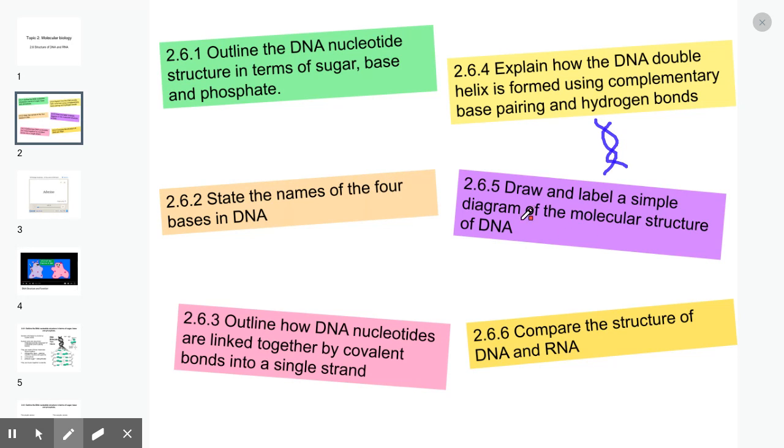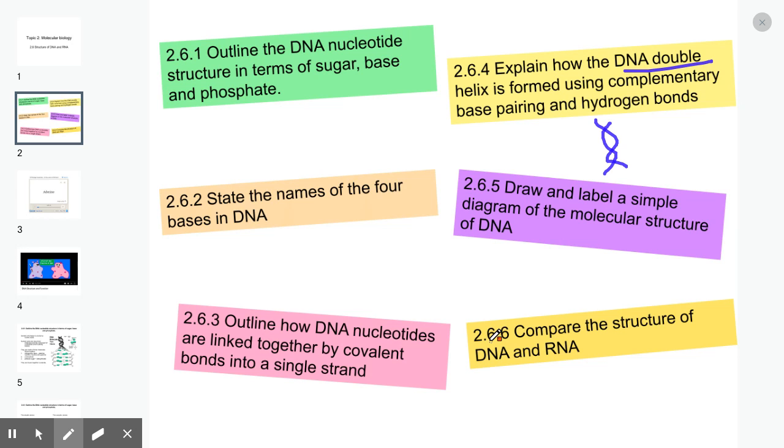One of the skills that you need to be able to do is draw and label a diagram of DNA, and they could be asking you to draw them in 1 strand, or they might ask you to draw them in a double strand. So make sure you read those questions carefully.